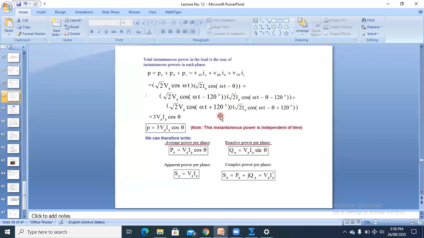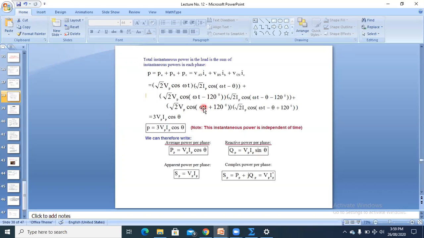So if we solve this integral, initially we have solved the integral for the first phase, and the value of this integral is Vp Ip cos theta. So the value of each component is Vp Ip cos theta.